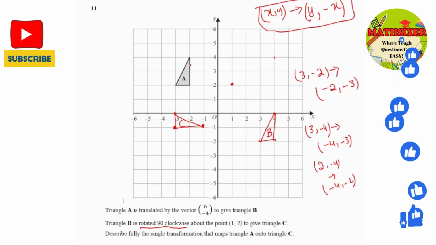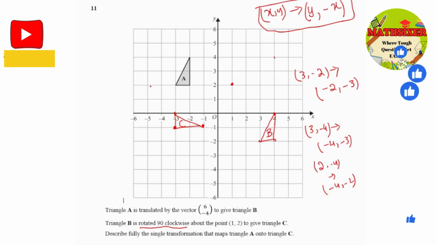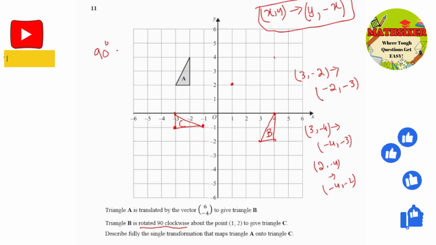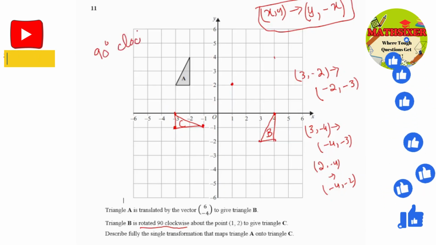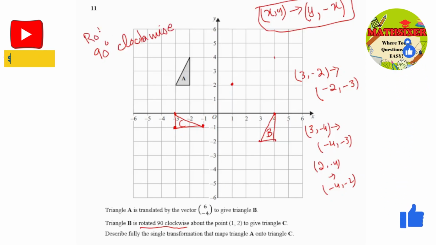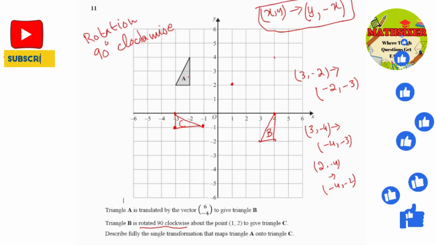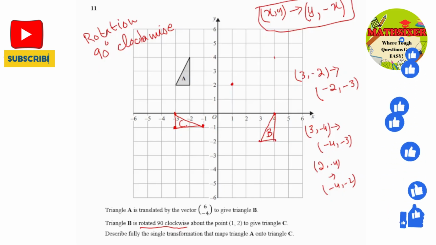If you look at this one, this triangle is rotated 90-degree clockwise. So the first point is 90-degree clockwise, and the transformation is called rotation. So this triangle is rotated 90-degree clockwise, and we need to find out the center now.